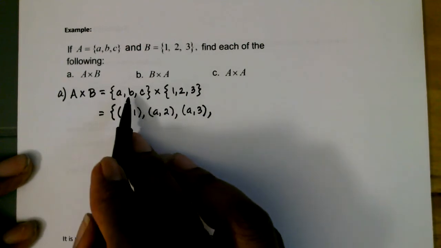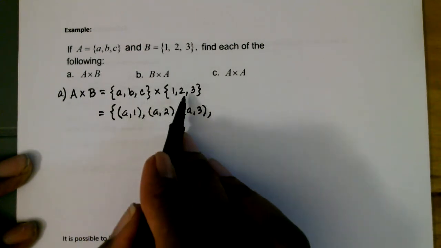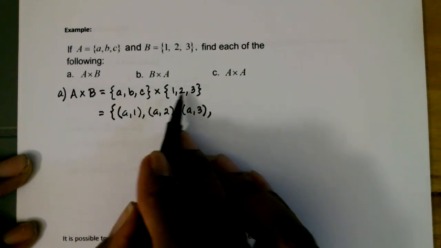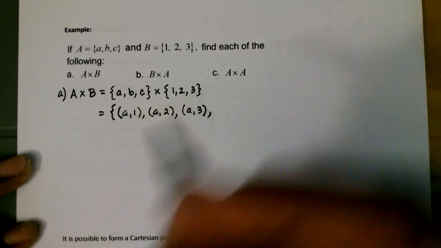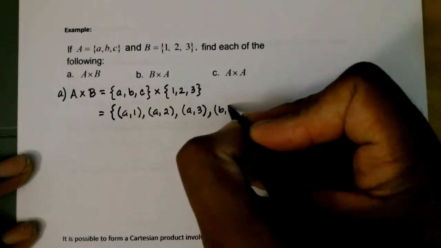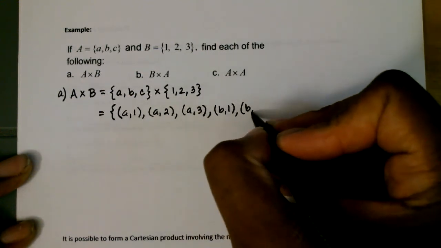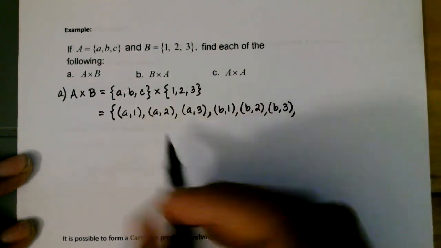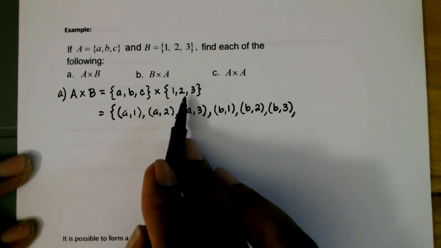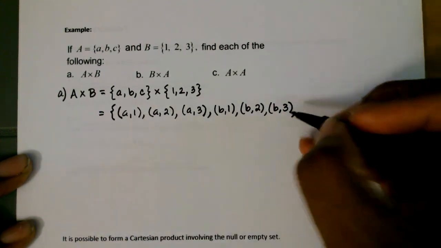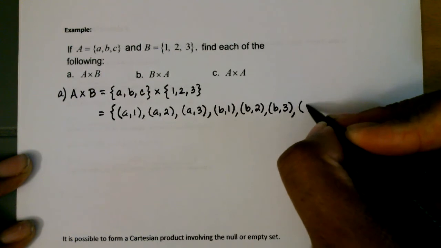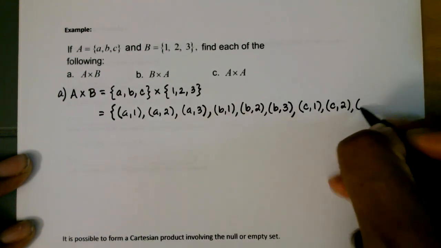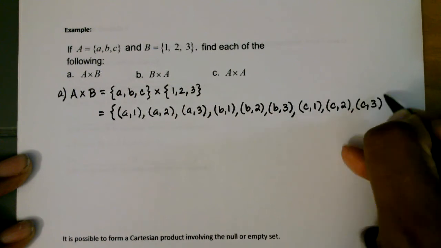And then the second element of the first set would be paired with each and every element of the second. So now b would be paired with 1, b would be paired with 2, b would be paired with 3. And then finally, c will be paired with each and every element of the second. So c will be paired with 1, c is paired with 2, and finally c is paired with 3.